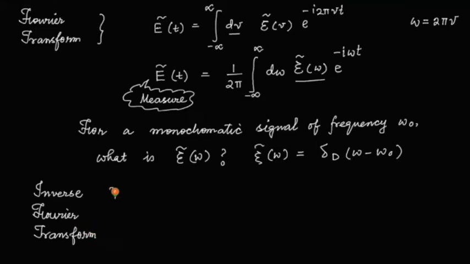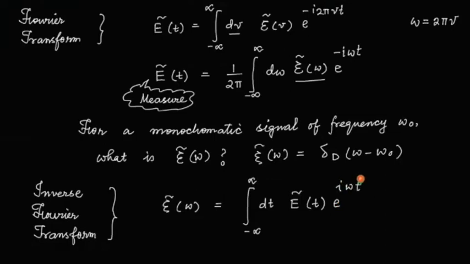The inverse Fourier transform essentially tells you what epsilon omega is, given E as a function of t. So I do almost the same integral, replacing E and epsilon from left and right. The integration is over t now because E is a function of t. The other thing that changes is the sign of the exponent. So that's my inverse Fourier transform relation.